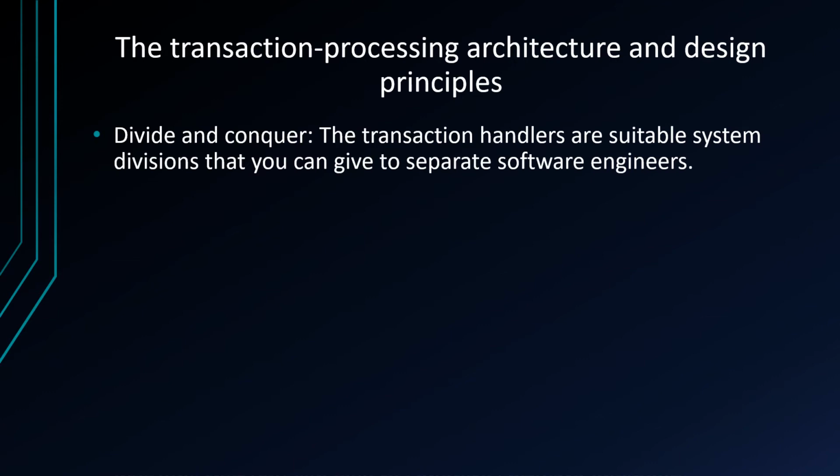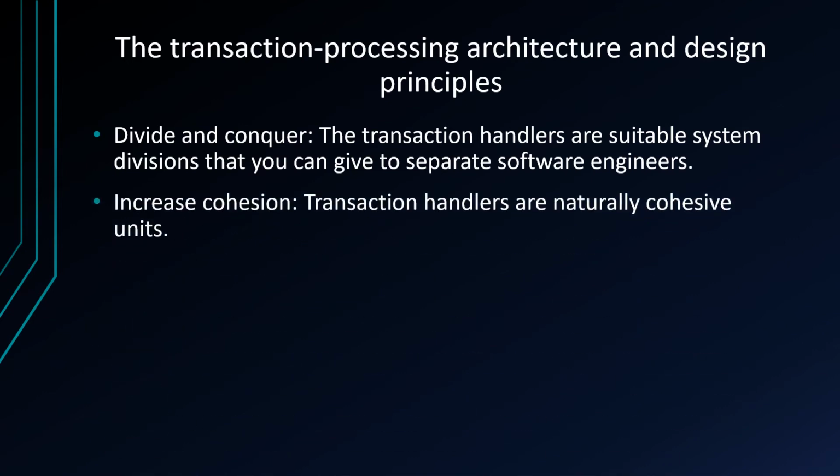So the transaction processing architecture and design principles. In divide and conquer, the transaction handlers are a suitable system division that we can give to separate software engineers. Increase cohesion: of course, transaction handlers are a naturally cohesive unit.